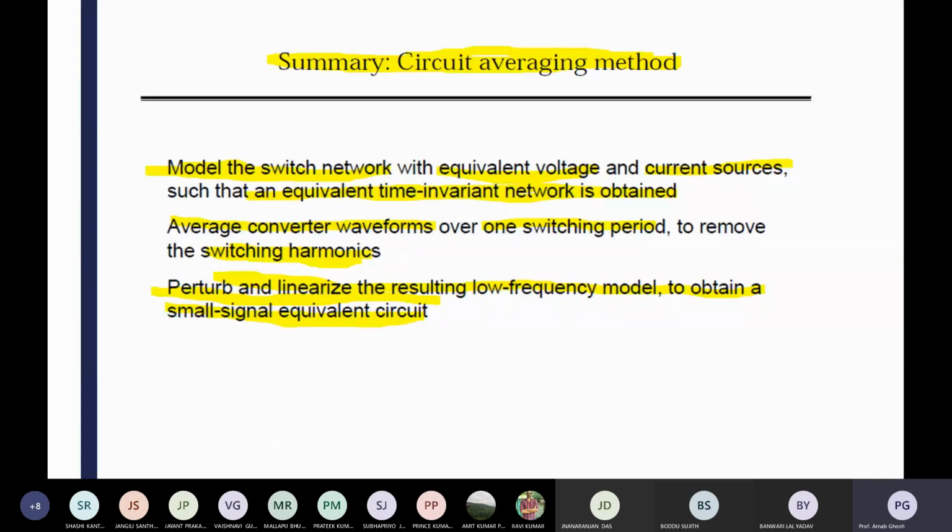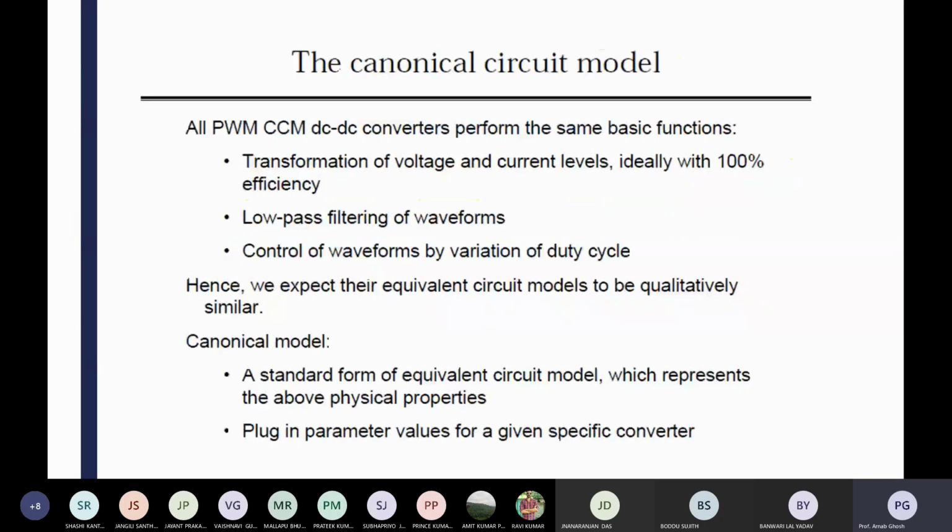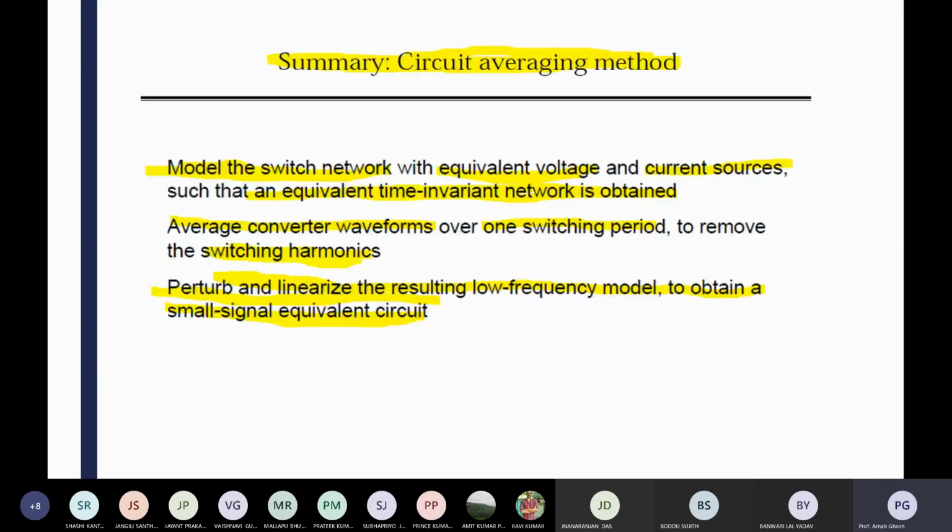A few more slides were there, and they will be covered in my next class. If you have any doubts or confusion, you can ask me, so I can discuss some of the points. But my suggestion to all the students is that you should stay up to date. Whatever portion I cover today, you have to keep up to date at home and prepare your fair copies.